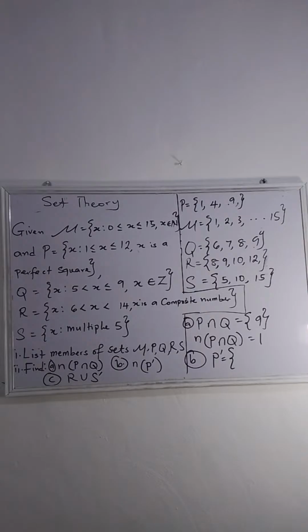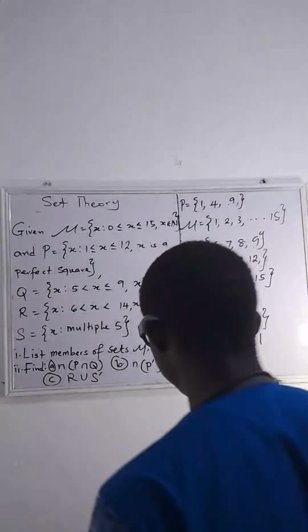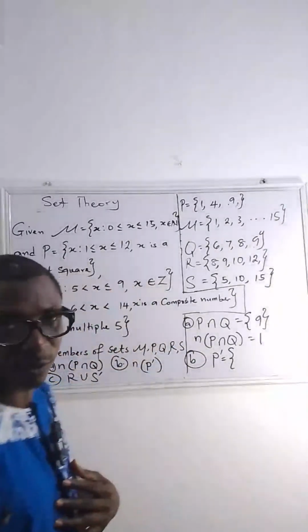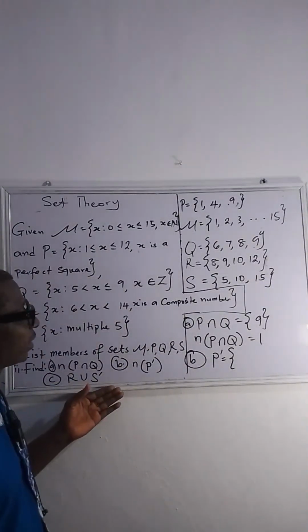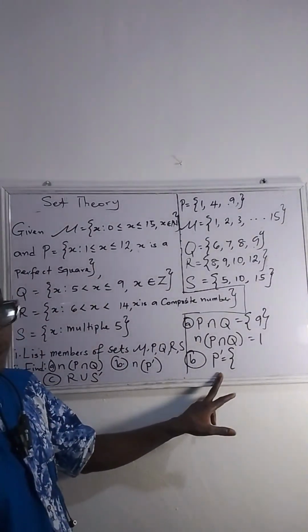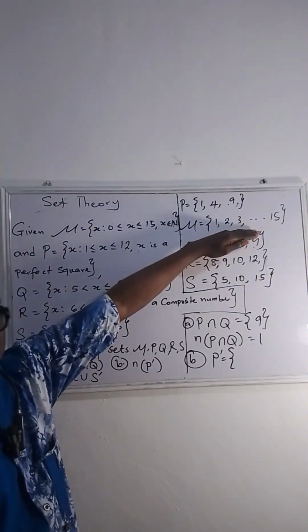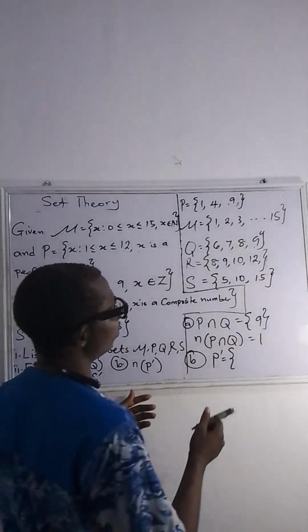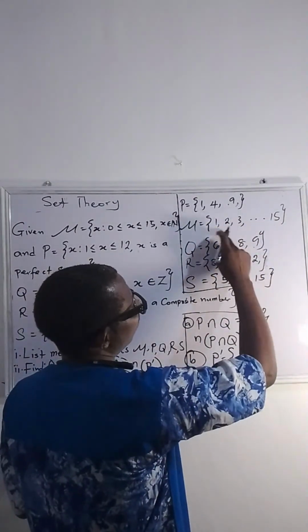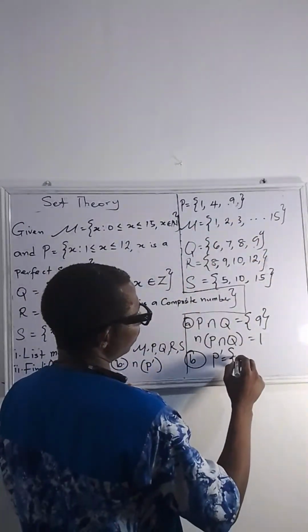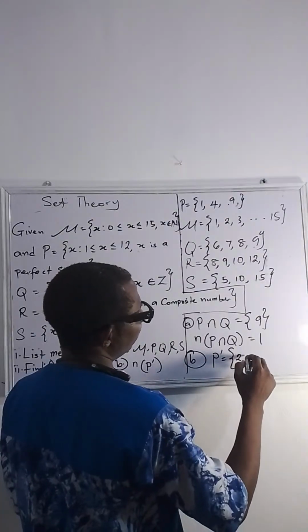Now let's quickly do it together. I think that is very simple and a lot of us have gotten the answer. P complement are those elements that are not in P, but are inside the universal set. Let's begin to list P complement. Look at the universal set: we have 1 to 15. So we start with 2, 3.